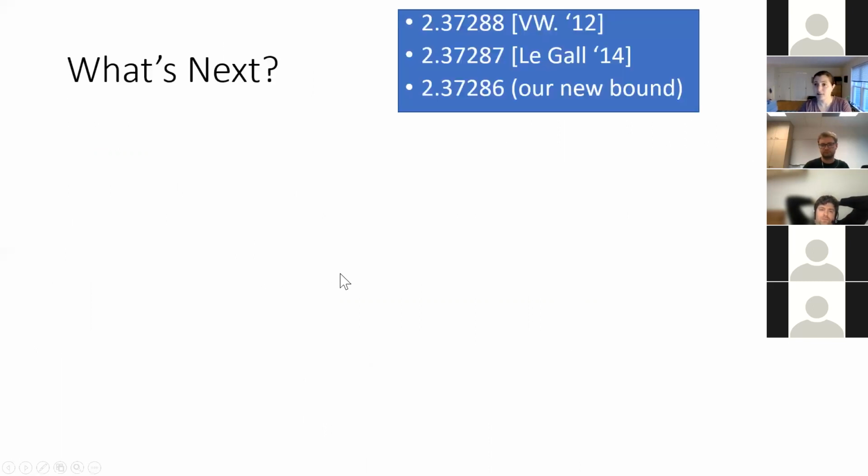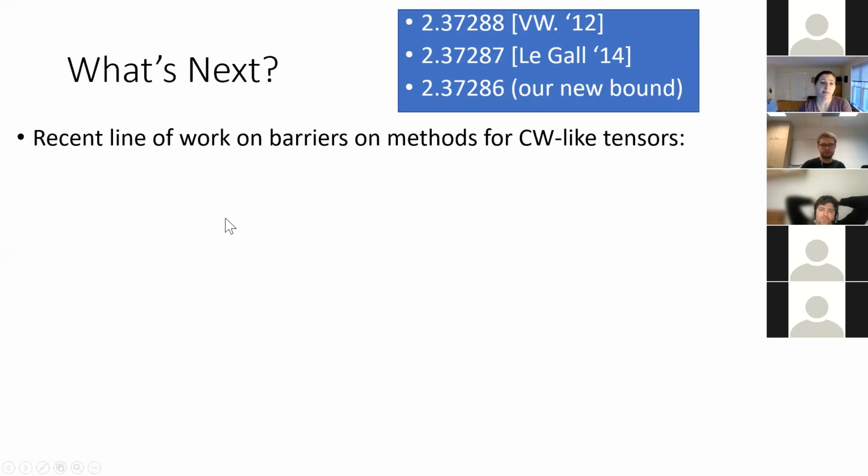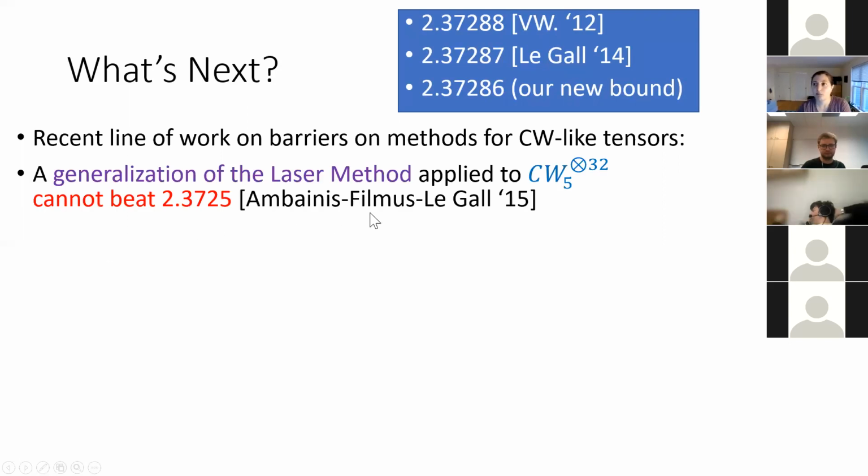Okay, so what's next? There has been this recent line of work that we've also been doing on trying to prove barriers for Coppersmith-Winograd-like tensors and beyond. For example, you can define a generalization of the laser method.